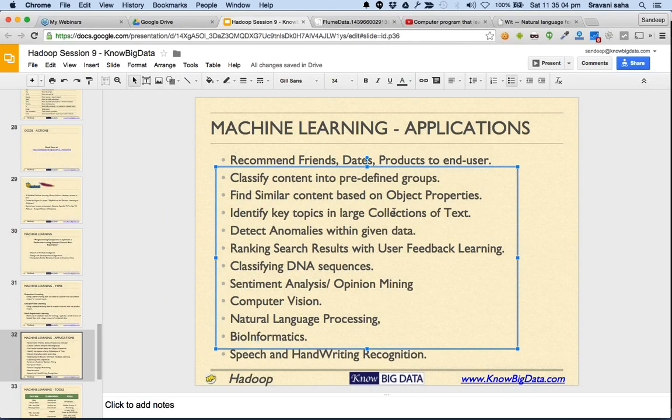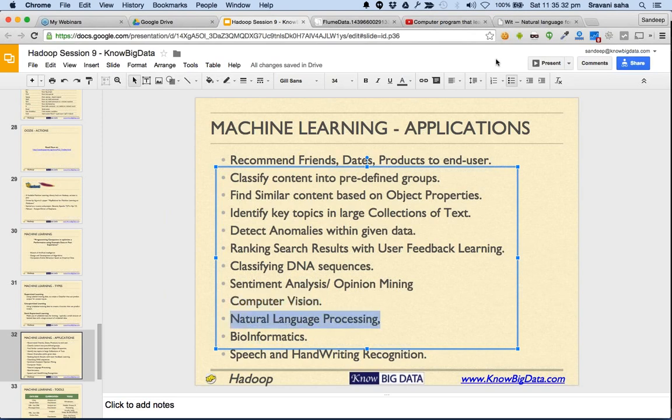So identifying key topics from a large text, detecting anomalies, ranking search results based on user feedback learning, classifying DNA sequences, all of this can be done using machine learning. Computer vision, identifying faces, figuring out whether something is an object or not.